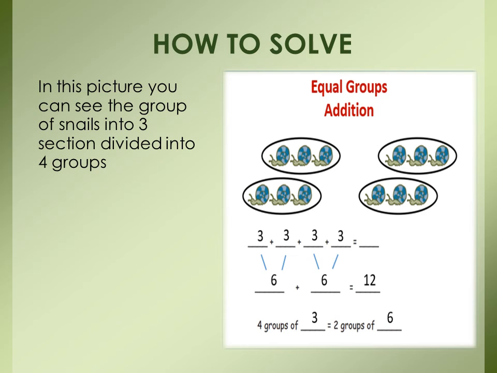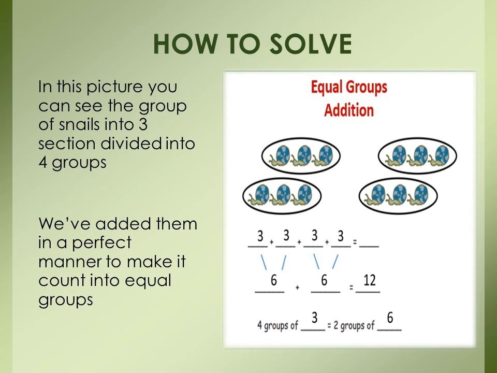Then the third and fourth numbers, which is 3 plus 3, 6. So when we add 6 plus 6, we will get 12. So students, we have 4 groups of 3 equal to 2 groups of 6.